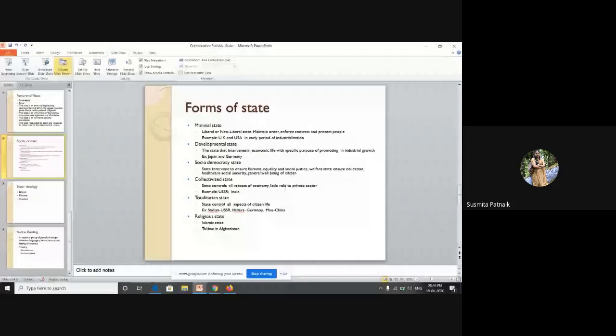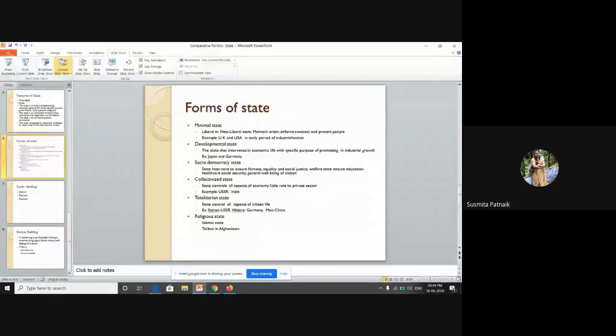Historical evolution of the state refers to 1648, when the Treaty of Westphalia happened. Before the Westphalia Treaty, there was no state as such. We had different entities, with populations and territory, but there was no sovereignty power.